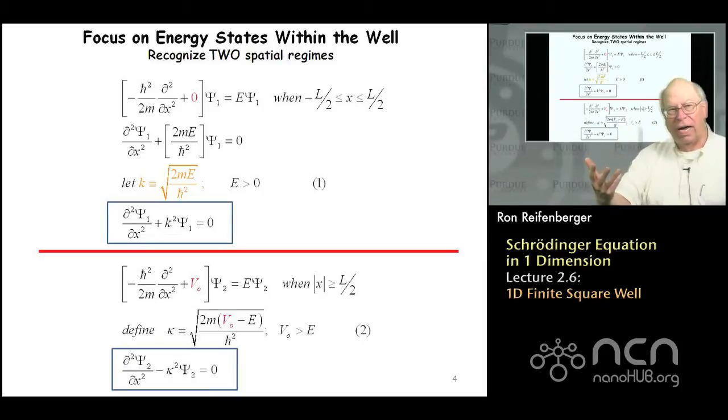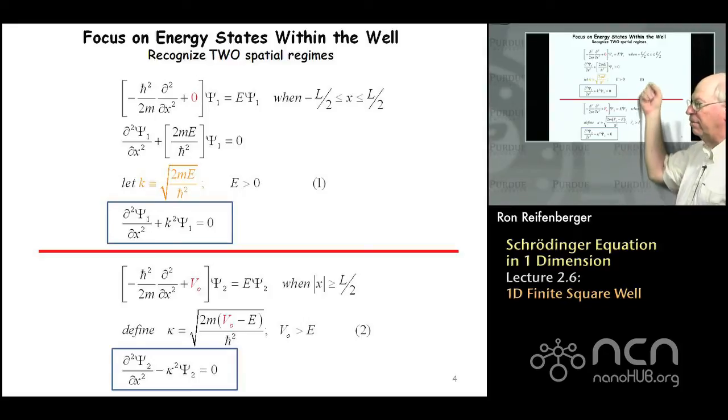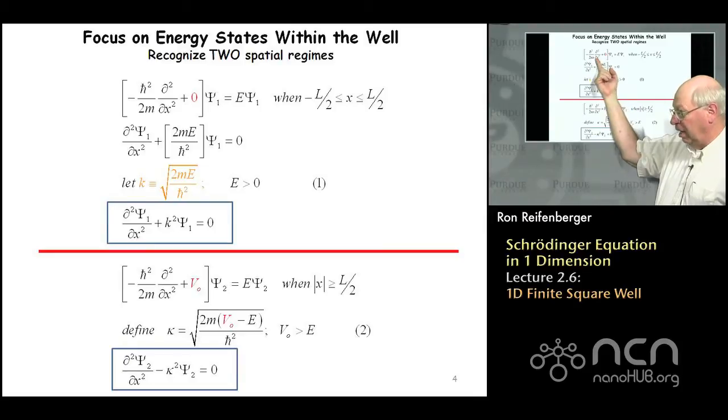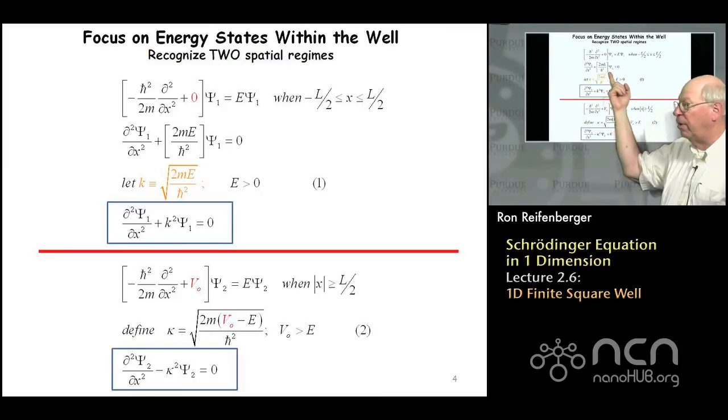This is something you've got to put into the problem based on the specified potential well that's given to you. So for the region of x between minus L by 2 and plus L by 2, the interaction potential energy is by definition 0. So Schrödinger's equation for this region of x simplifies down to a much easier differential equation.